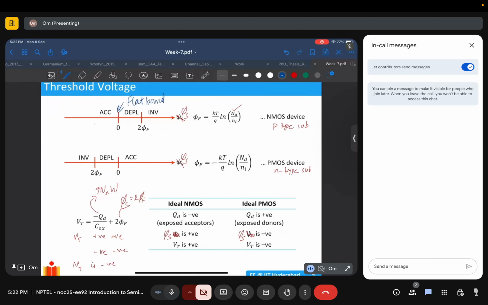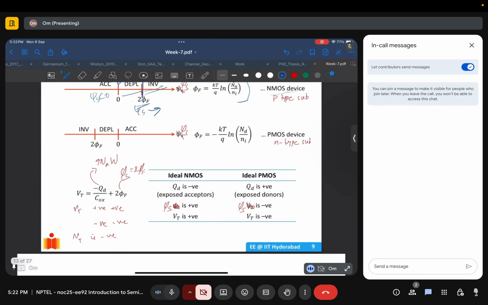Psi s is negative, you have accumulation. As psi s is positive, you have depletion and inversion. Psi s equals 2 phi f, that is where inversion happens, right? Where phi f is kT by q ln Na by Ni for NMOS. And exactly the opposite is in PMOS. Everything is just negative.